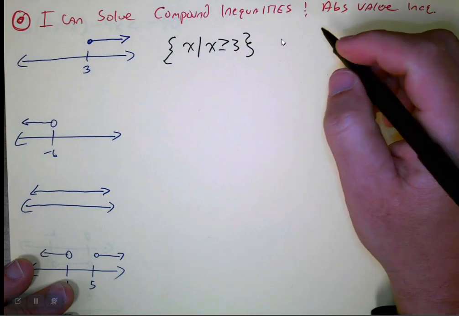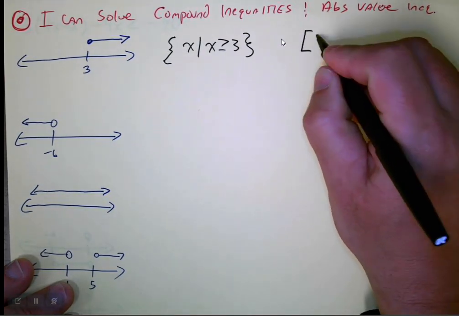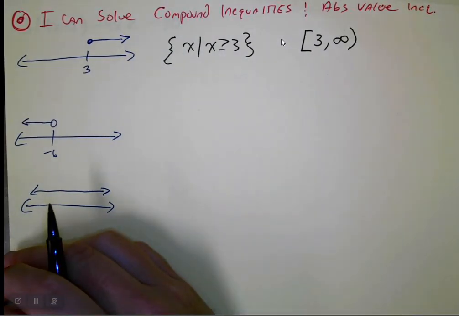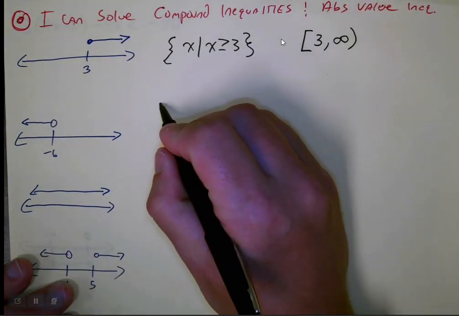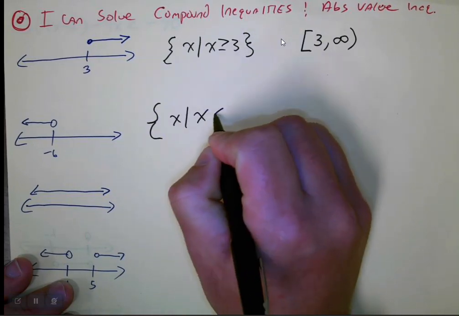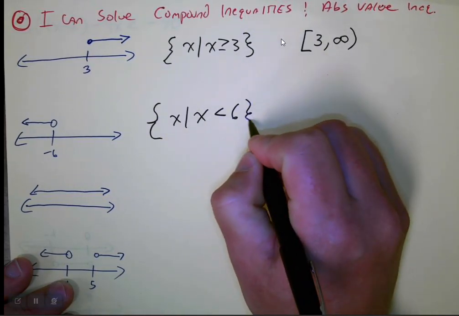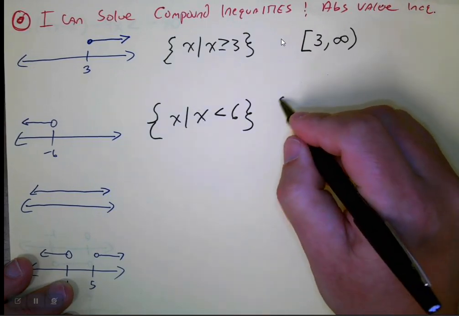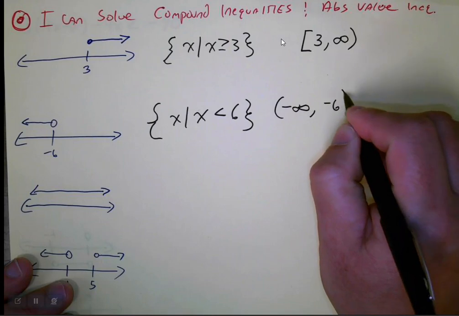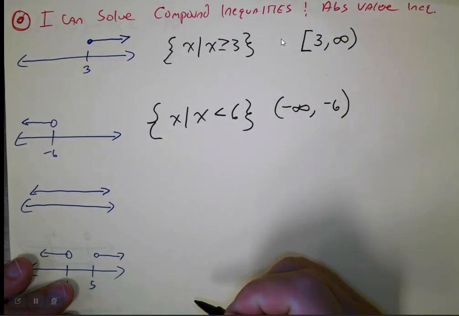Now, in interval notation, since it's inclusive, you can go 3, comma, and it's going to go to infinity. This one in set notation is going to be the squiggly bracket x such that x is less than 6. And then since it's to the left of forever, you're going to do negative infinity, comma, 6 with the parentheses.